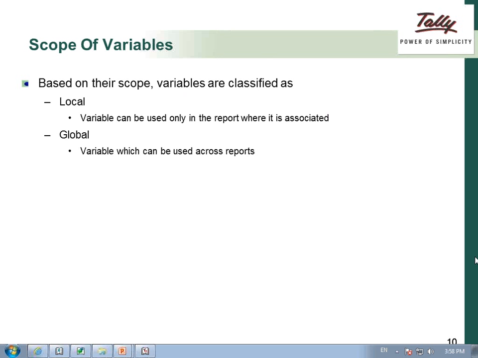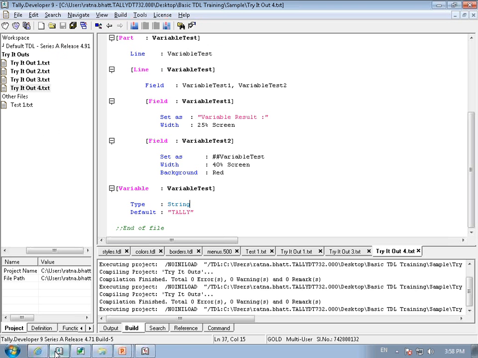When I define the variable, it merely exists in Tally. When I say variable colon variable name with a tag, it is merely defined. It is a variable. Something like, I have written variable test2 and it exists.